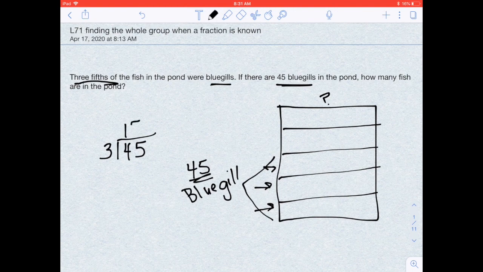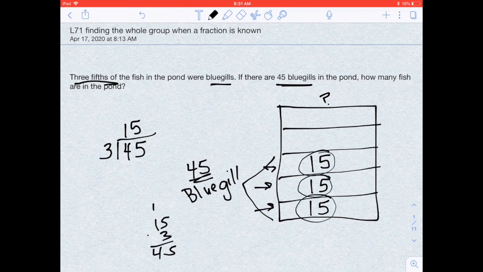And that's going to give me 15. So I can put 15, 15, 15. And I can double check that 15 times 3 gives me 45. Okay, so I know that these 15 fish in each of these 3 will add up to my 45 bluegill.